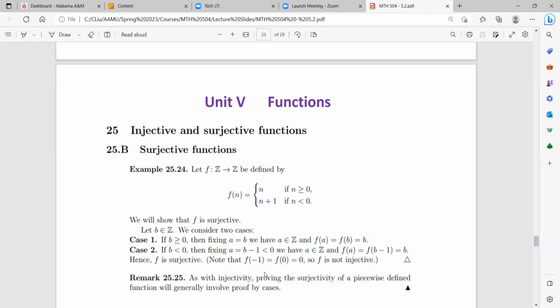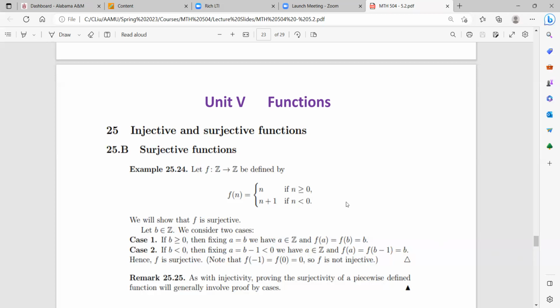So that means for the number 0 in the codomain, you can find two pre-images in the domain. So it's not injective, not one-to-one. Well, I guess I did say it was one-to-one earlier. That wasn't right.